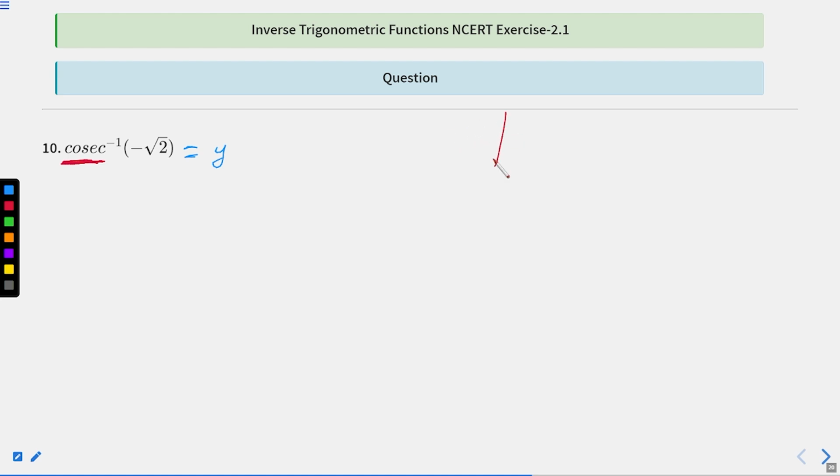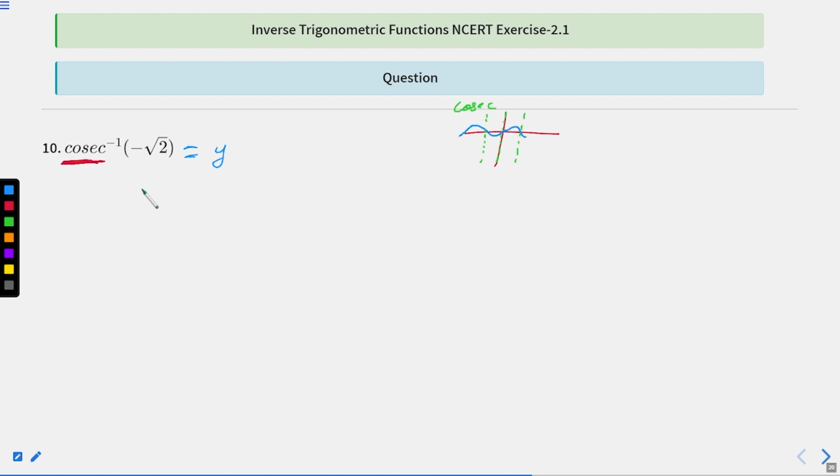If you recall, how did you plot the cosec function? Quite easy. First, you plotted the sine function like this. Wherever the sine function is 0, you plotted the vertical asymptotes over there.